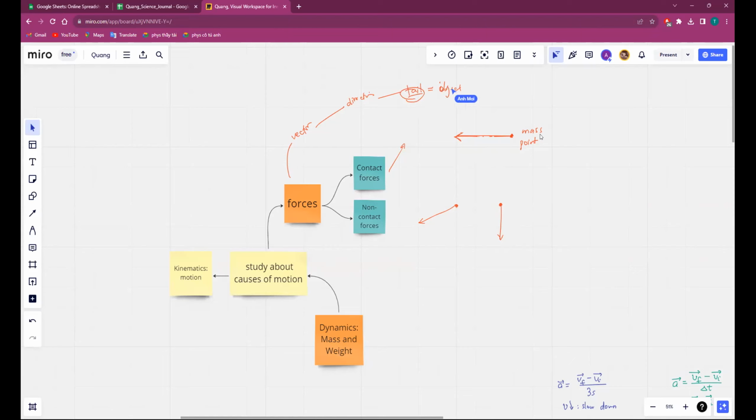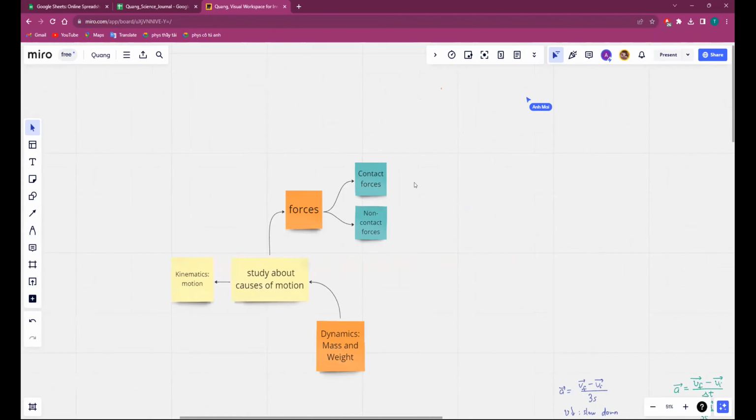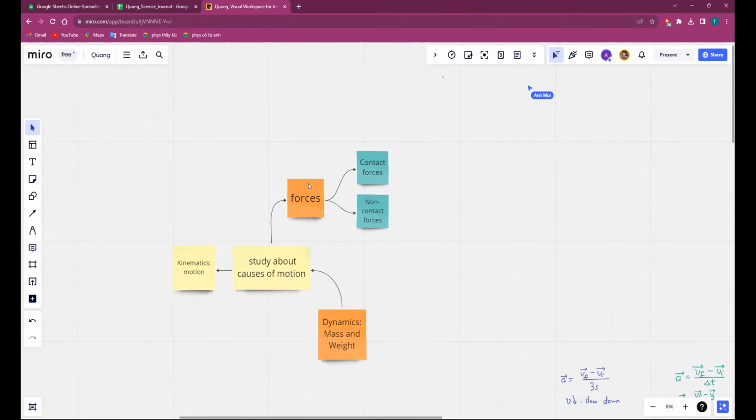So maybe I can give examples. Yes, examples. Do you want to add here a note that force is a vector, and components of a vector?